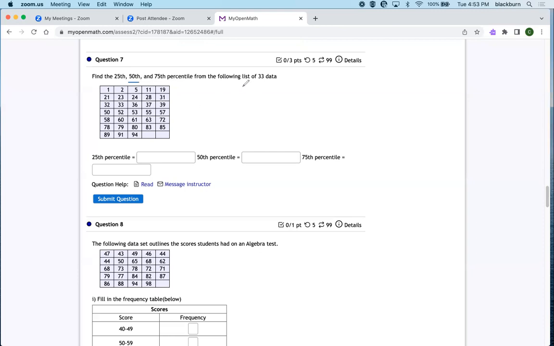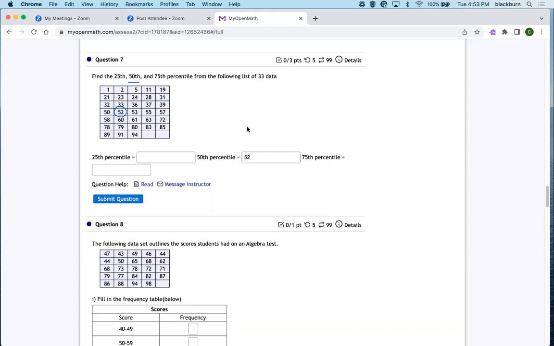So halfway between the first data point and the 33rd data point is 17. So if we go to the 17th data item, so they're listed in order, thankfully, 5, 10, 15, 16, 17 is 52. So that's going to be the 50th percentile is 52.